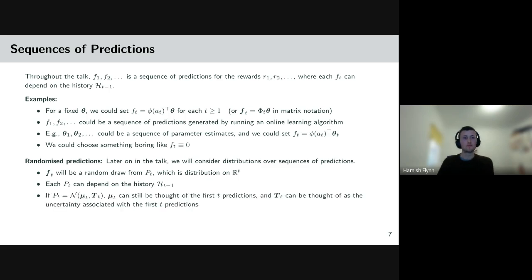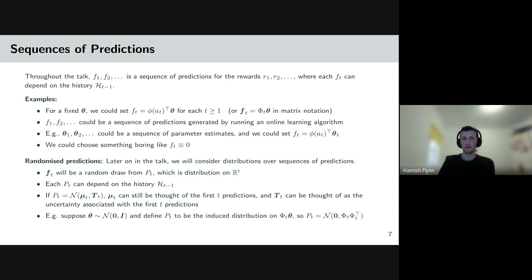So I'll call pt a mixture distribution, and we'll simplify things a little bit by only considering Gaussian mixture distributions. And in this case, mu t can still be thought of as the first t predictions in some sequence, and the covariance matrix capital T can be thought of as a form of uncertainty associated with the first t predictions.